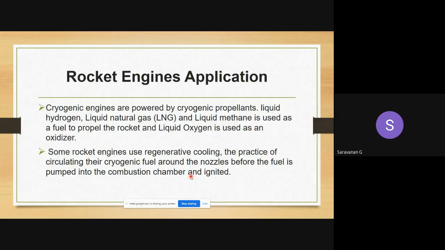By providing the cryogenic fuel around the nozzle, the nozzle surface is cooled down, so we can maintain the temperature properly. Then we can allow the fuel and oxidizer into the chamber in the required manner, and it can ignite. That is the application with respect to rockets.